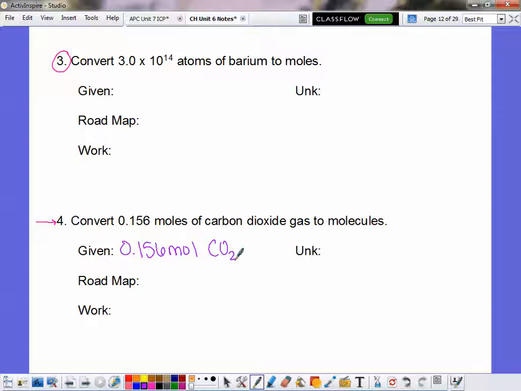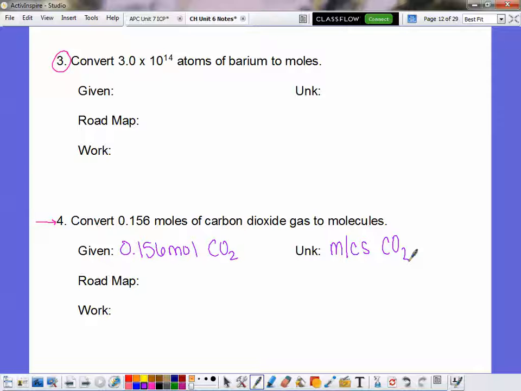Now, molecules, that's a really long word to write. And like I said, chemists are lazy. I mean, we abbreviate moles. So the generally accepted abbreviation for molecules is MLCS. You can abbreviate it however you want. Just don't abbreviate it MOL because that's the same as mole.